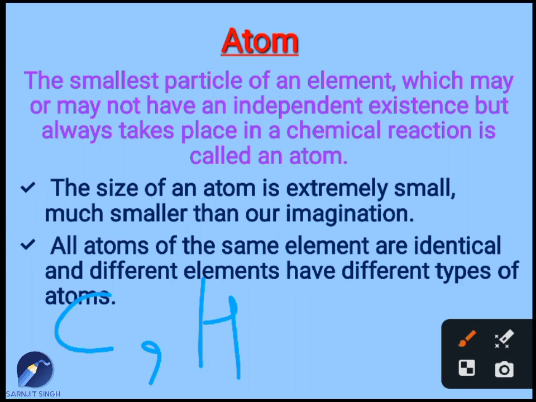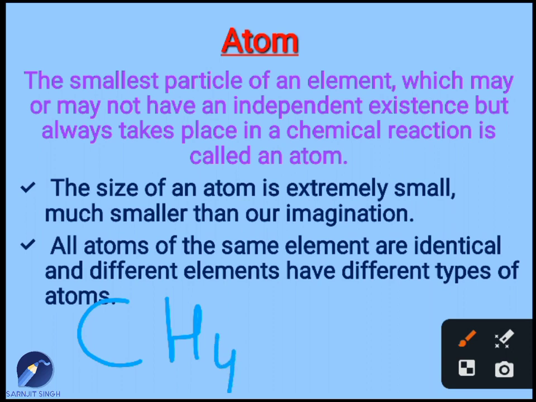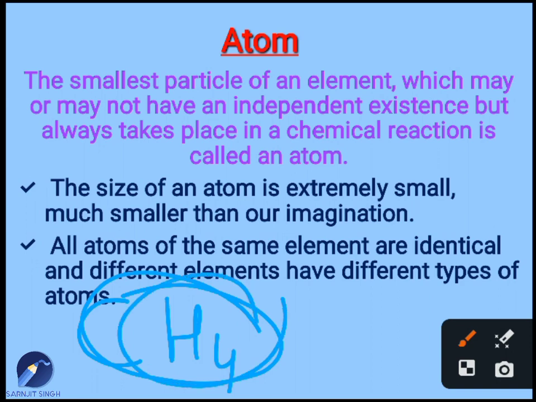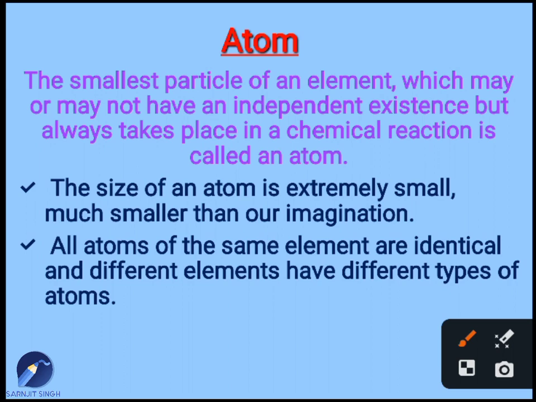They always exist with similar or different types of atoms, in bonding. For example, if carbon makes a bond with four hydrogen atoms, then it exists in the form of methane gas. This is the formula of methane. Here carbon does not exist independently, and in the same way hydrogen also does not exist independently. So an atom is the smallest particle of an element, which may or may not have independent existence.